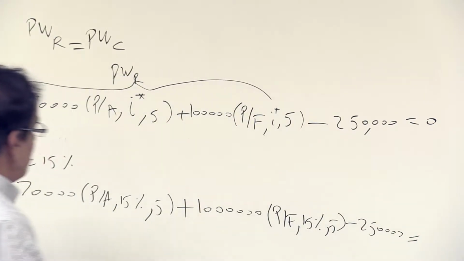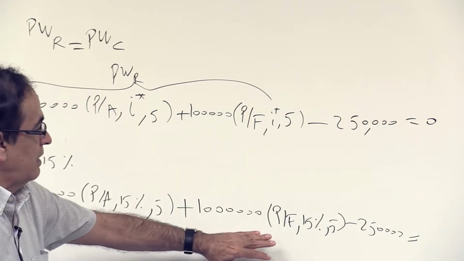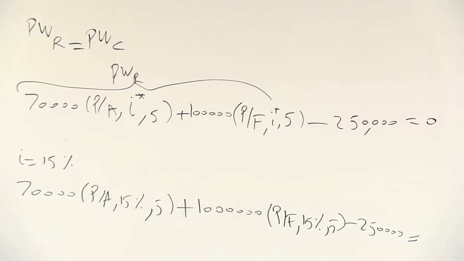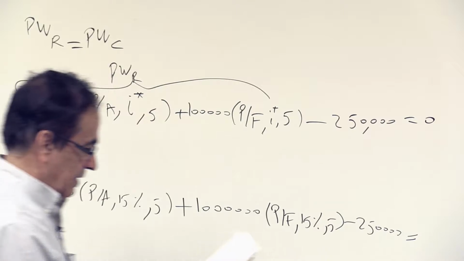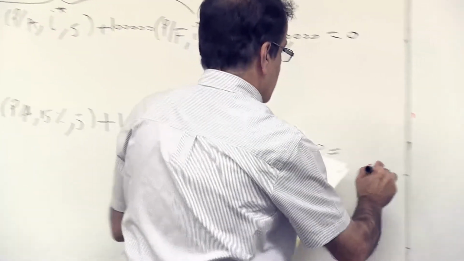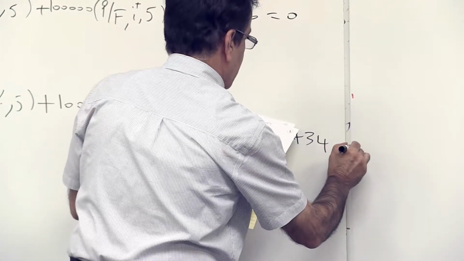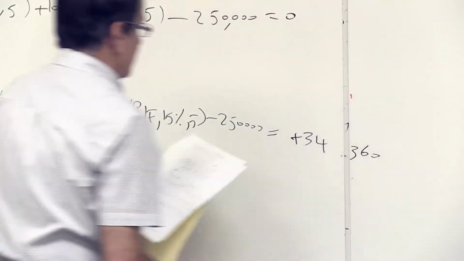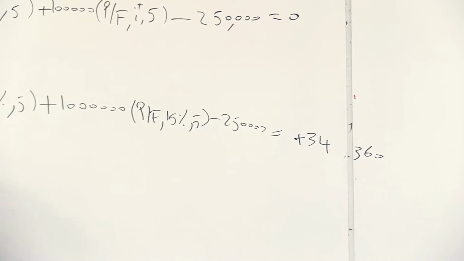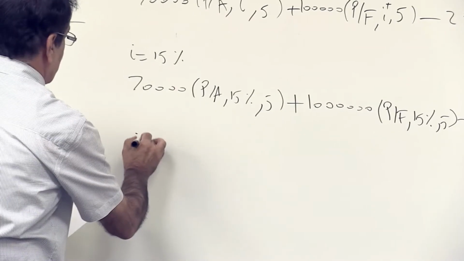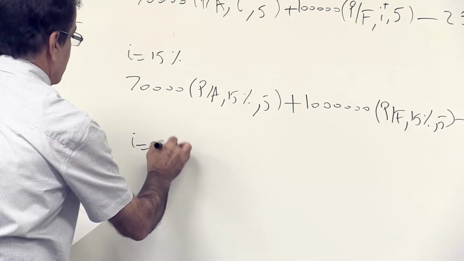If you go to the table, find P given A and P given F from the table, and find the result here, you will see that the number you're going to get is going to be equal to positive $34,360. Now, if I substitute for I equal 20%, that's my next guess.